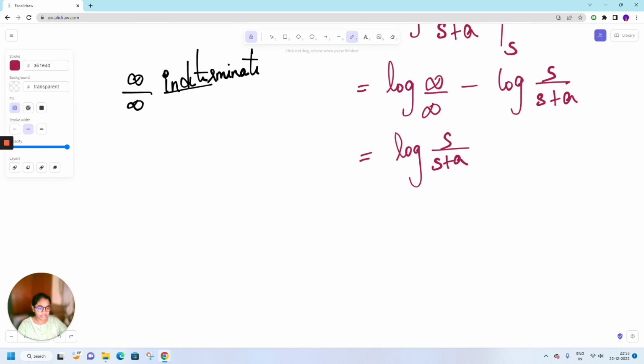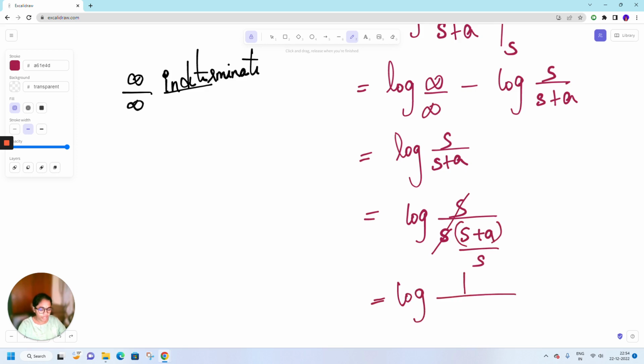So I'll try to make a little bit of changes to this. Before applying infinity, I'll get s divided by s plus a. Let me multiply and divide by s here. S and s get cancelled. Now, I'll get 1 divided by 1 plus a by s, correct?